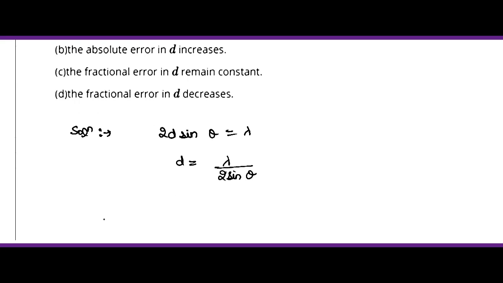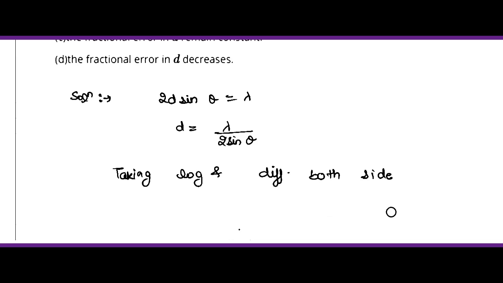Taking log and differentiating both sides, we get delta d divided by d equals delta lambda divided by lambda, minus 1 divided by sin theta into cos theta into delta theta.